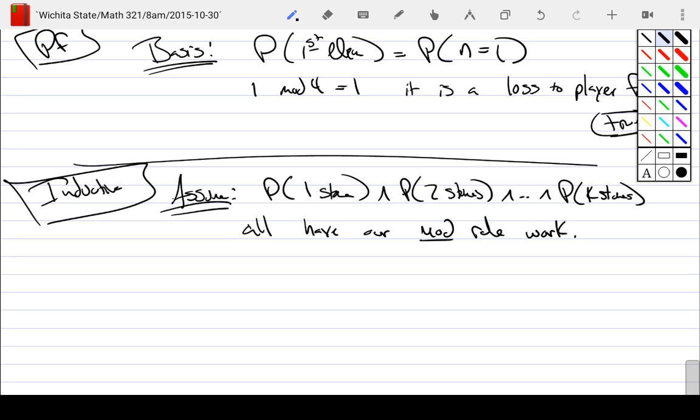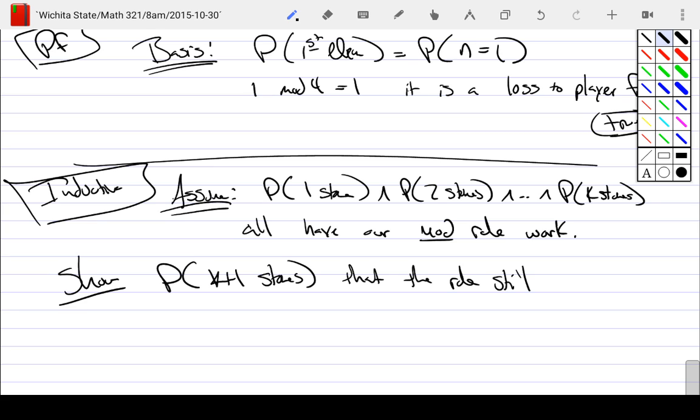If you face one of these remainders, you're either going to win or lose according to our modulus rule. All right, I need to show P of k plus 1 stones, that the rule still works.